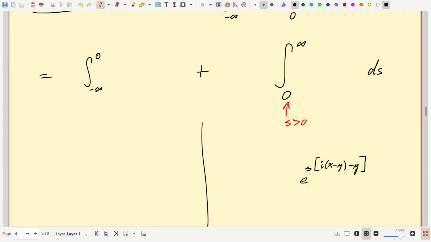That's the function as s goes from 0 to infinity. And when you anti-differentiate that, what comes out in front is 1 over i times x minus y minus y.